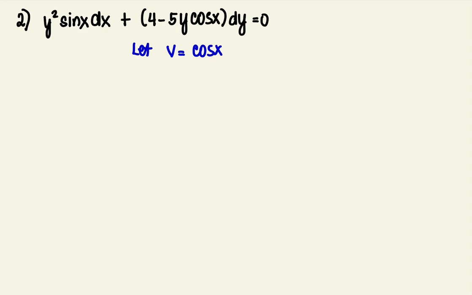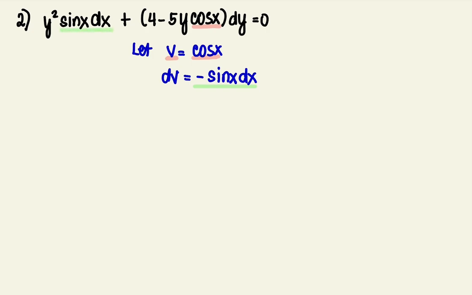So if we let v be equal to cosine x, then its differential dv is equal to the negative of sine x dx. And so we can simply replace cosine x here with v and sine x dx here with negative dv. So v here is cosine x, and our dv is negative sine x dx.